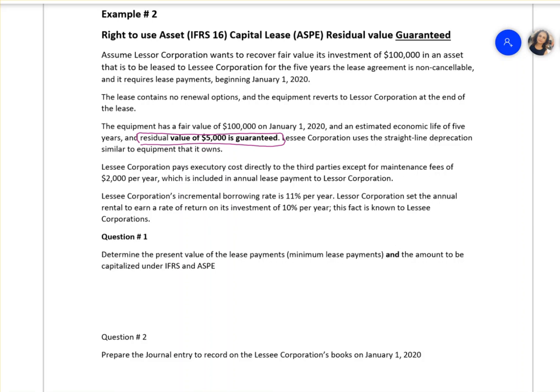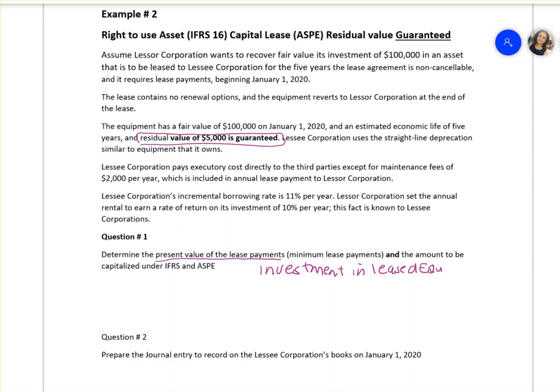If residual value is guaranteed, how do we calculate the present value of a lease payment, or what the lease payment is going to be? The way to calculate it, you're going to calculate the investment in leased equipment.